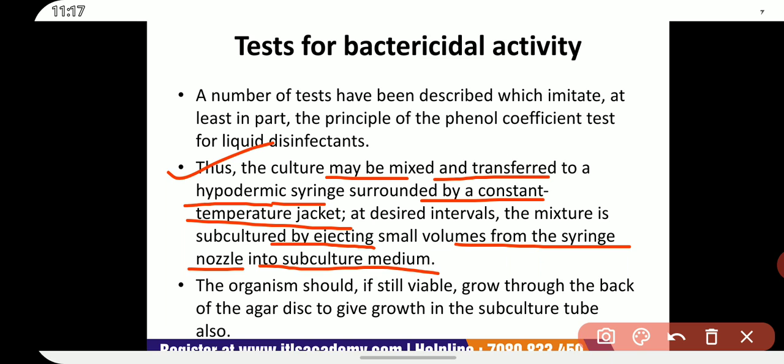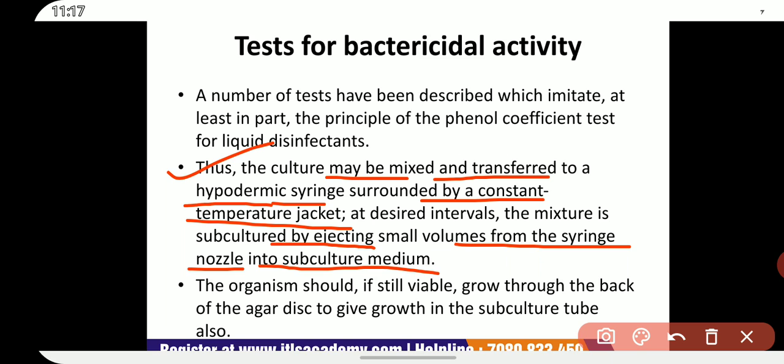A technique devised by one of the authors, that is WBH, was designed to test the preparation when spread onto an infected surface.